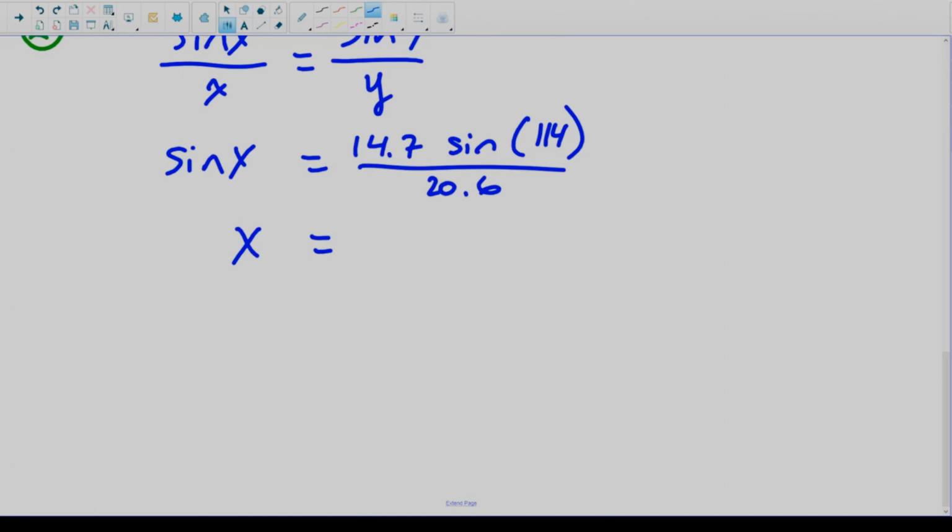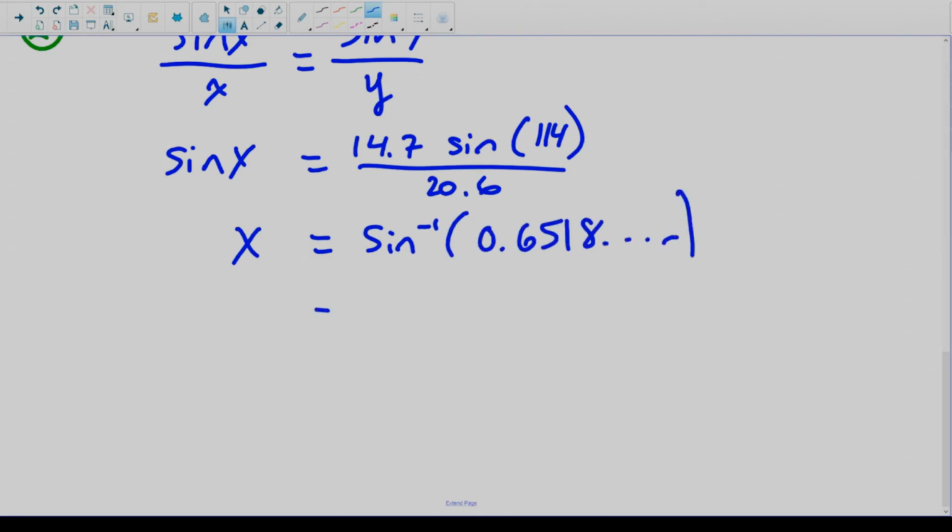So 14.7 times sine of 114 divided by 20.6. So that's giving me 0.6518 approximately. So I'm going to arc sine 0.6518.